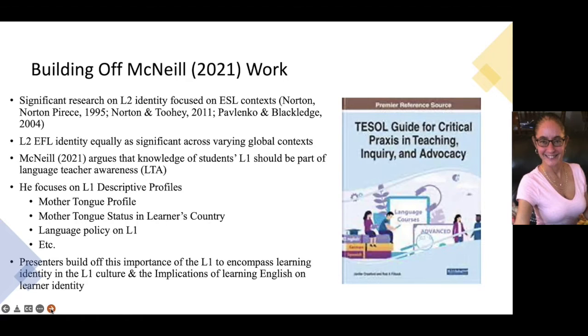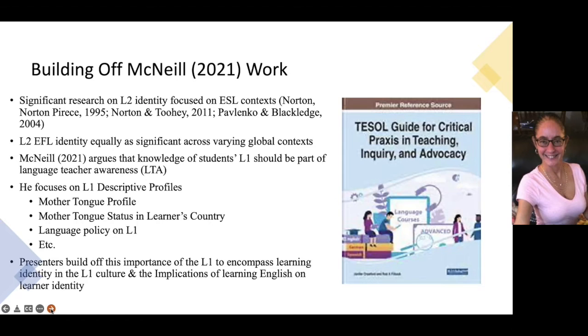With this, we found it really interesting when we were thinking of different contexts that we are familiar with in terms of the presence of multicultural and multilingual contexts. So we built off of this importance of understanding the L1 to encompass the learning of English and how that impacts the English identity.